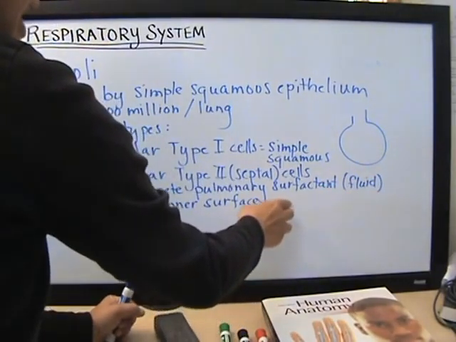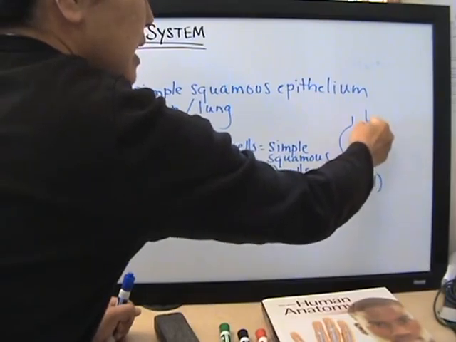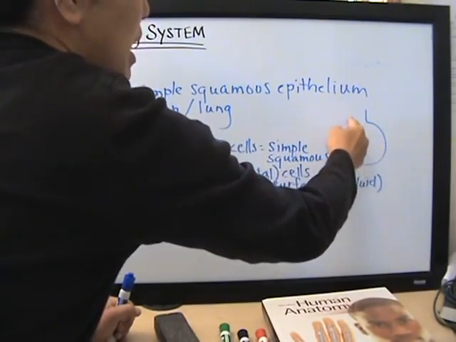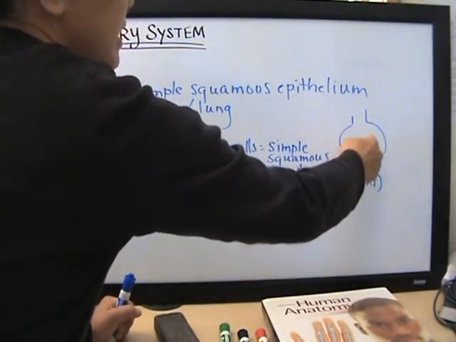And if you don't have this surfactant, the alveoli collapses because of these bonds between the water molecules and this very high surface tension on the inside.